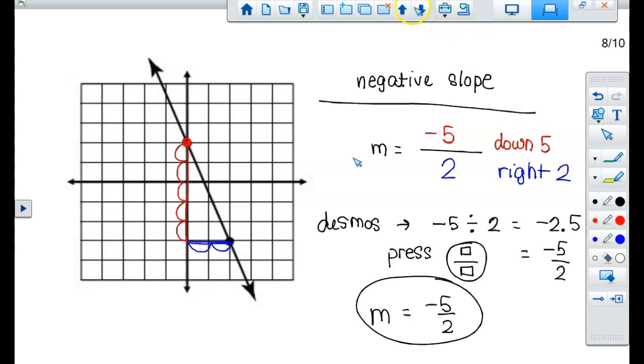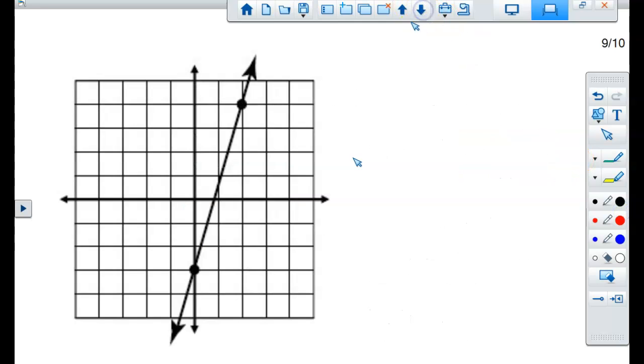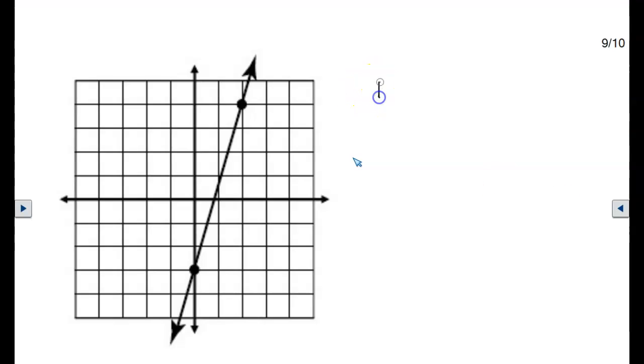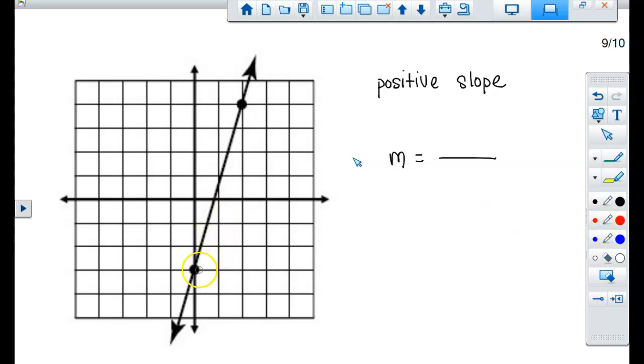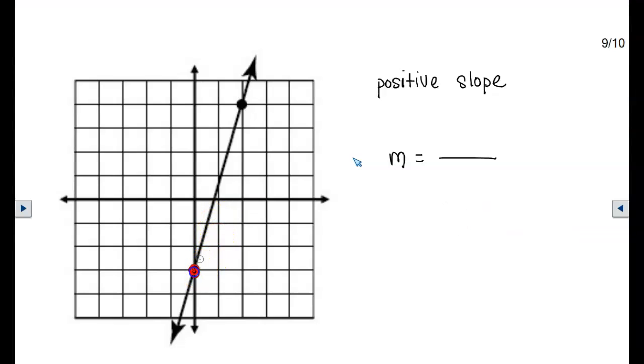All right, and I think I've got one more we can do here. Yes, I do. All right, when I look at this example, what I know for sure is that this line has a positive slope because it's headed uphill. So I will begin at the point on the left, and I notice this time that when I rise, I have to go up quite a bit here.